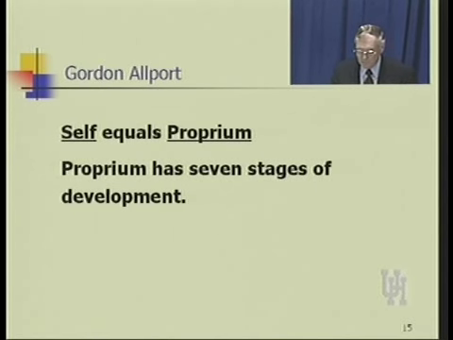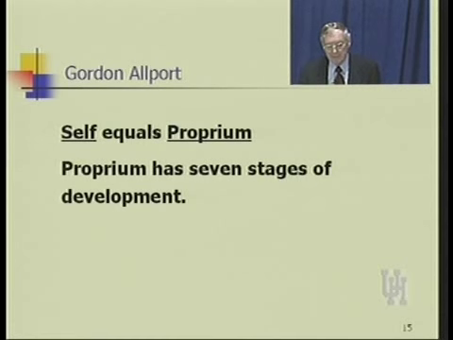And in his view, the proprium, or the self, develops continuously from birth to death. And it moves through a series of stages. And in some of his writings, Allport somewhat contradicts himself in that he tries to avoid arguing for stages, but it's unavoidable when you look at his theory.